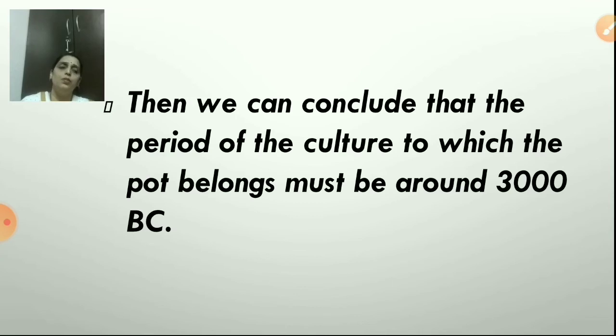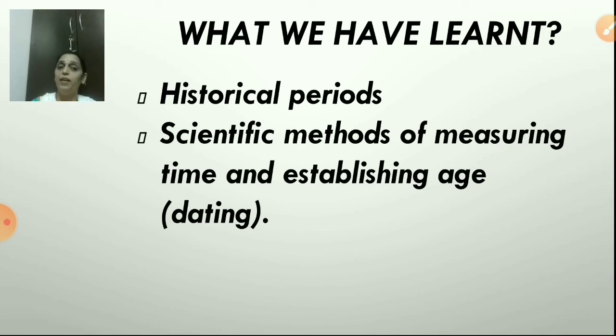This example tells us how the period is determined approximately. What have we learned today? Historical periods, and scientific methods of measuring time and establishing age, dating.